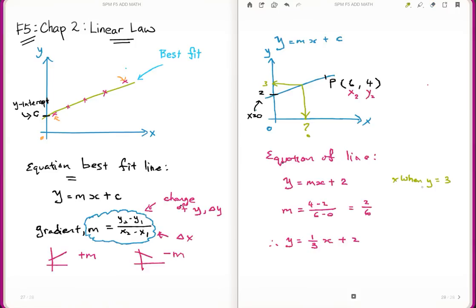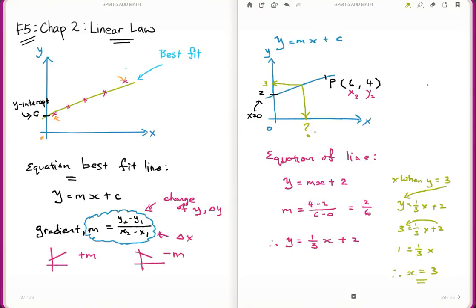Now to do that, you need the equation. So what you do is use the equation y equals 1/3 x plus 2. You substitute y is 3 into here, and you solve this equation. Then 3 bring it over. It's 1 equals 1/3 of x, and therefore your x would be 3.